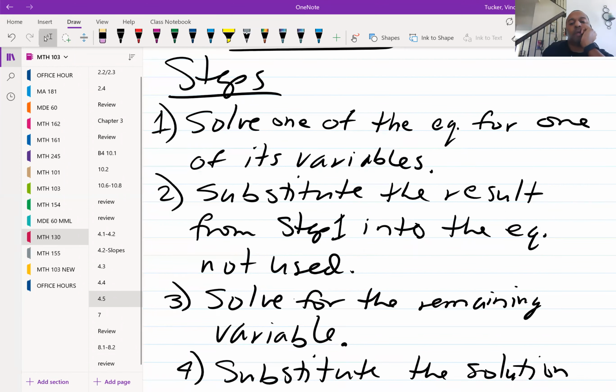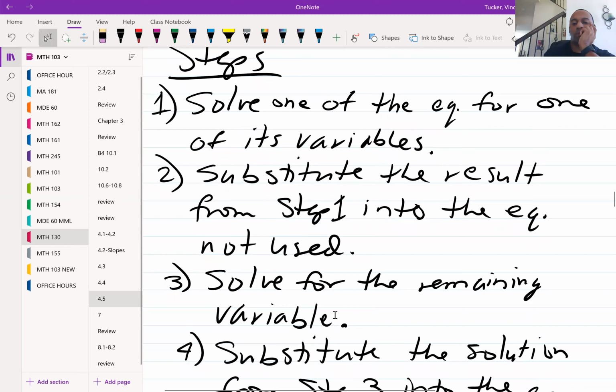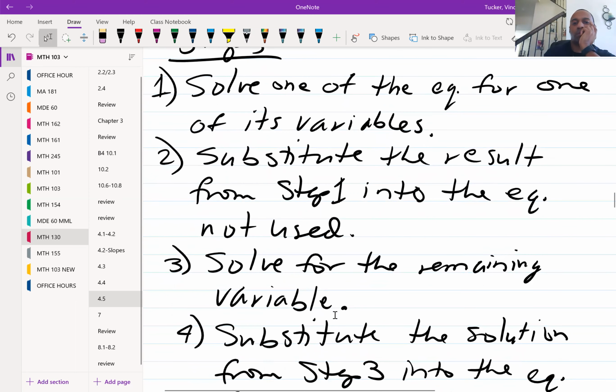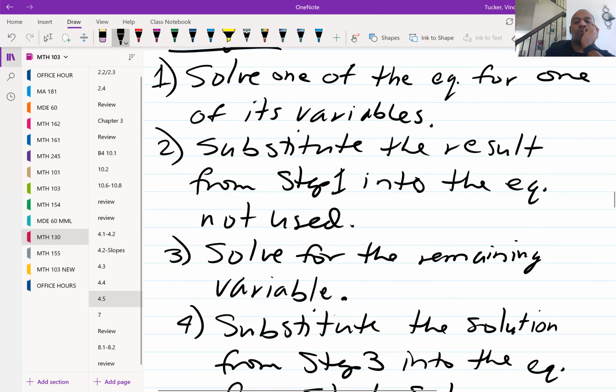Step 3, solve for the remaining variable. Can I scroll up off of step 1?